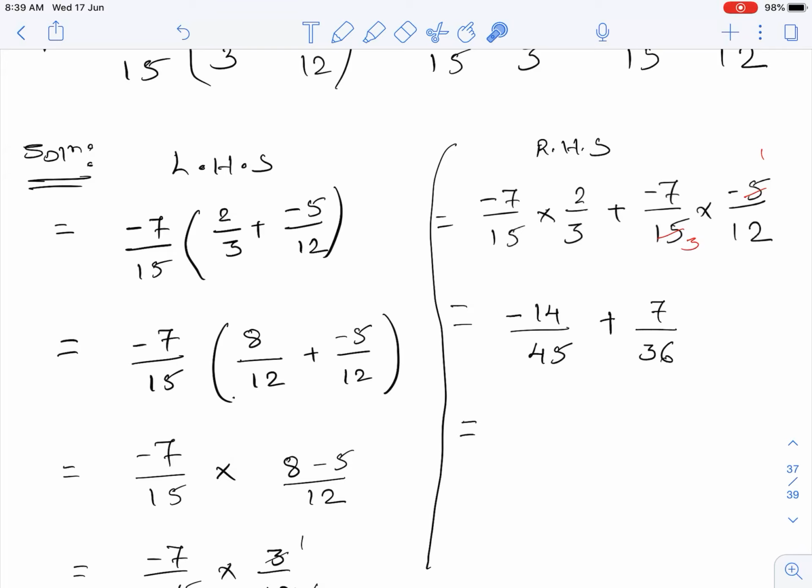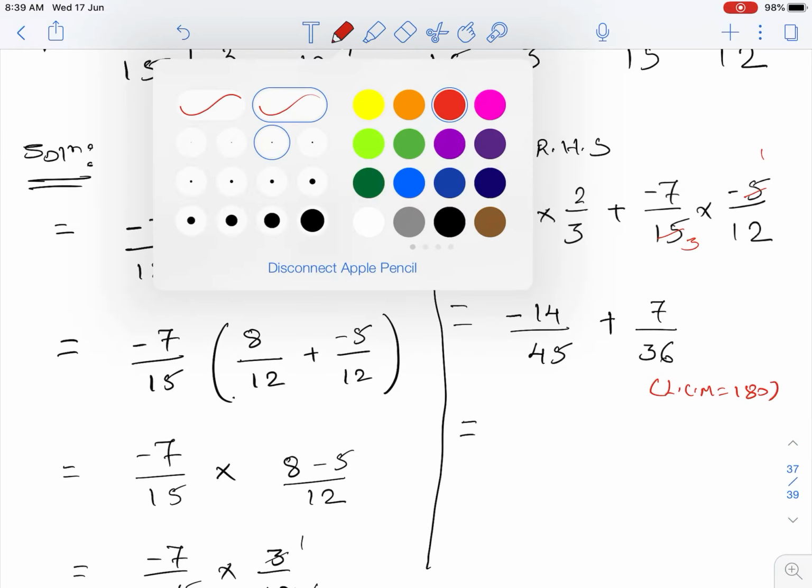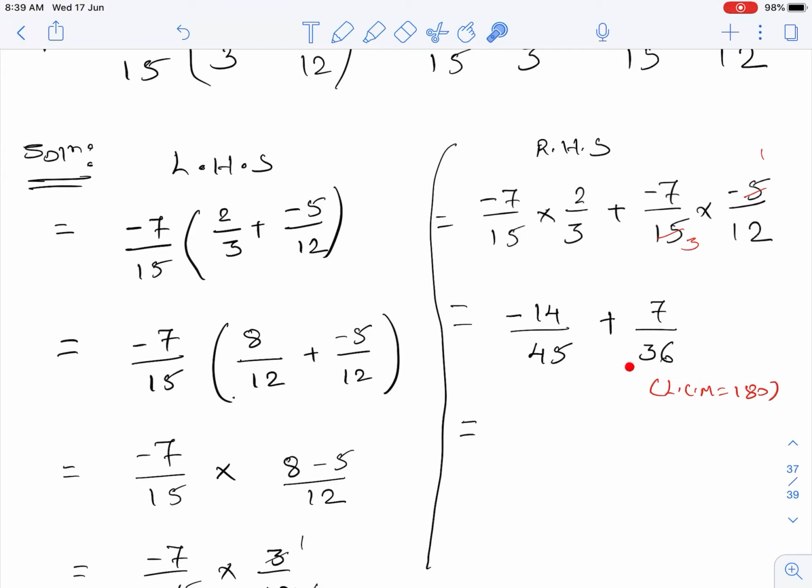So I'm writing it here, LCM is 180. Now we have to make these denominators 180. For that we will write it as minus 14 into, 45 into, plus 7 into, 36 into. Now to make this 45 as 180, we have to multiply it by 4, so the numerator will also be multiplied by 4.